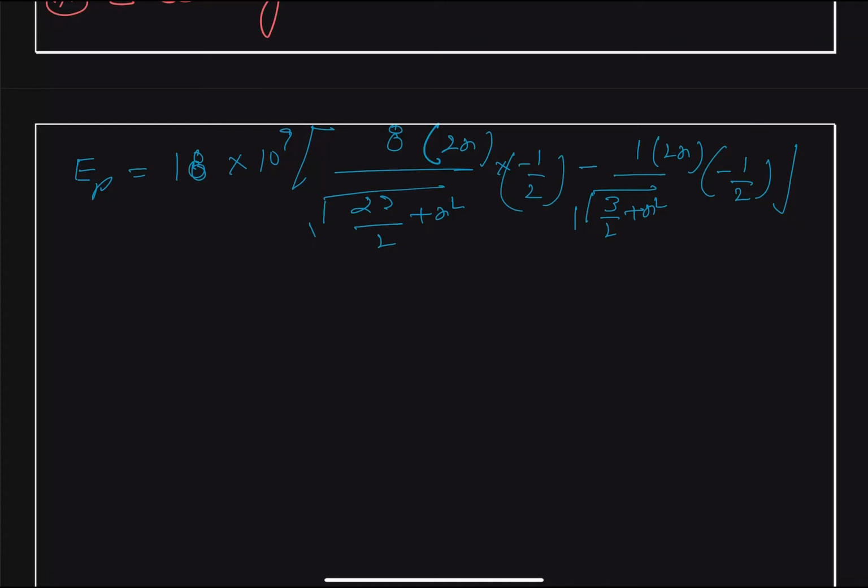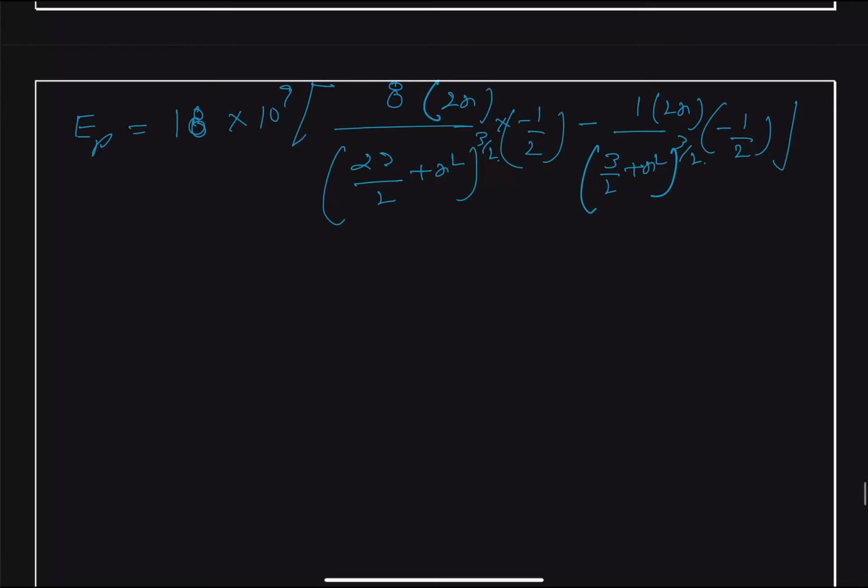So we get this as, one second, this will be our 3 by 2, my mistake, minus 1 by 2, and this will be our 3 by 2, and similarly here also 3 by 2, because it will be minus 1 by 2 and minus 1.